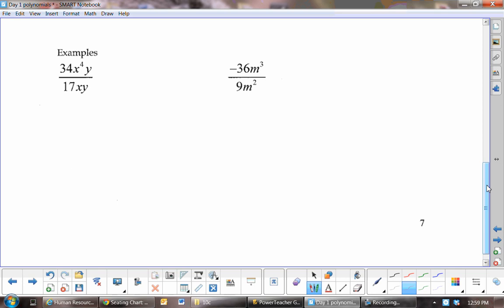Now, this one here. Instead of multiplying these 2, we will divide. So 34 divided by 17 is 2. And all of these we will subtract exponents of like bases, right? Only if the bases are the same are we going to do that. Put your 1s down or you will make a mistake.